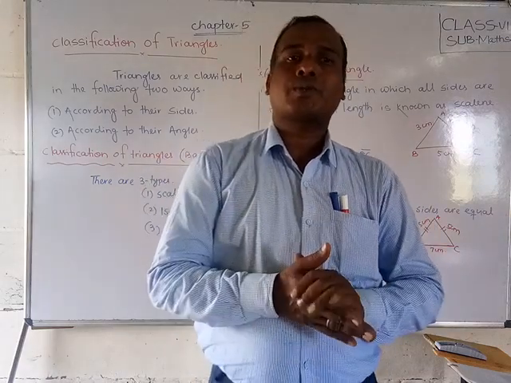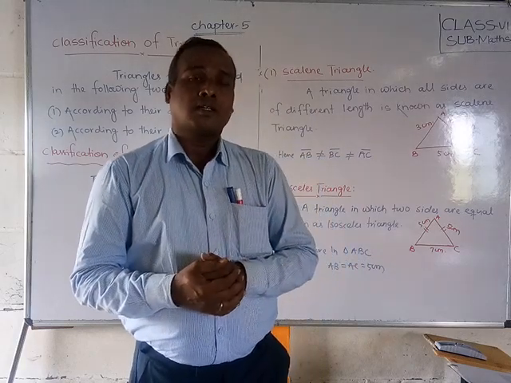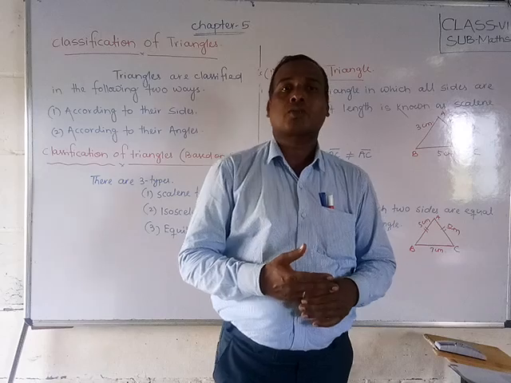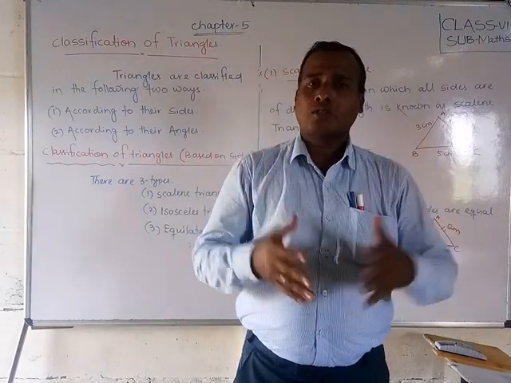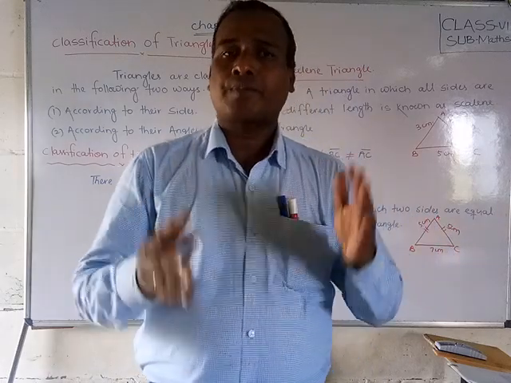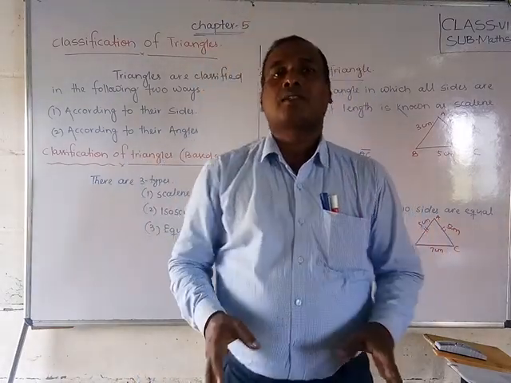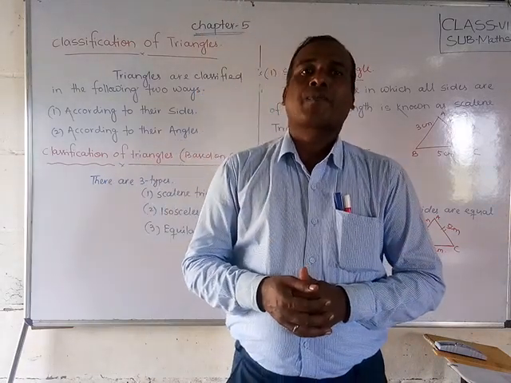But students, today we are going to discuss the classification of triangles. What is a triangle? It is a polygon with the least number of sides. A closed figure having three sides, or closed by three line segments, is called a triangle.